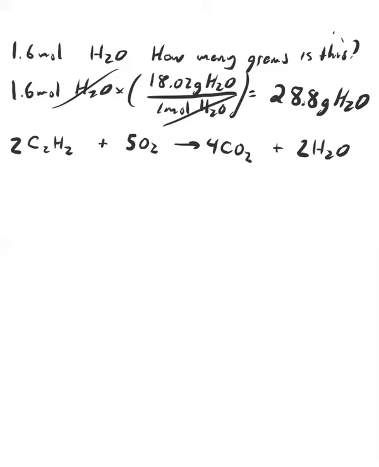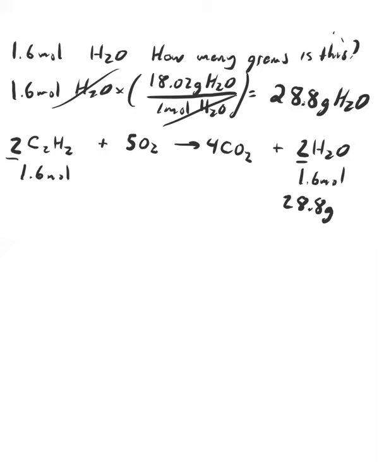So we worked it out that you put in 1.6 moles of this, and that gave you 1.6 moles of that, right? Because these numbers were the same, okay? Now we then converted it to grams, and we showed that this was 28.8 grams right there, right? So you could do this calculation for any of these materials in the equation.